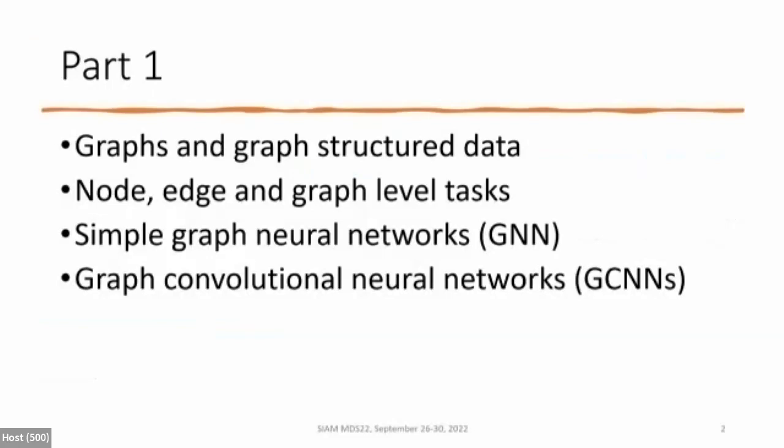So our tutorial will have two parts. During the first part, we are going to talk about graph representations and the different graph level tasks: node, edge, and graph level. We'll give examples of simple graph neural networks, and we'll talk about some other architectures.